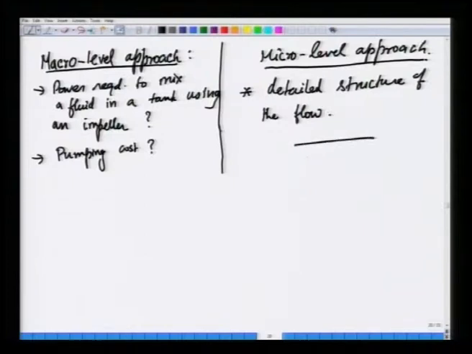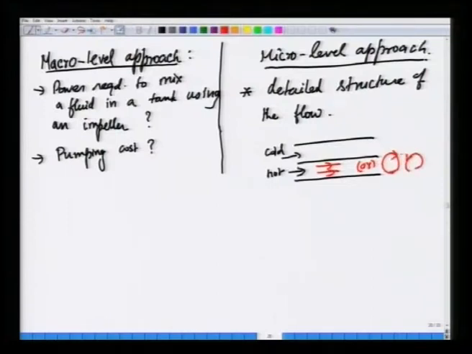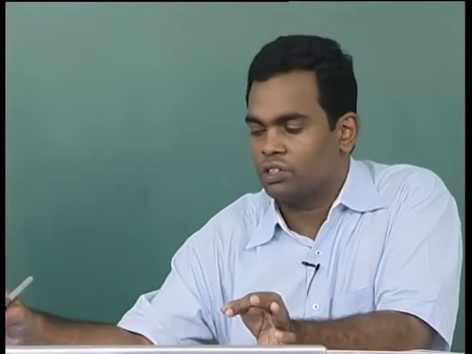For example, we saw the case of heat exchanging equipment where you have hot fluid and cold fluid flowing in two adjacent pipes, for example concentric pipes, and the nature of heat transfer will be crucially dependent on whether the hot fluid flows parallelly or it flows like so, whether there are secondary recirculating regions which will enhance the heat transfer across the streamlines. So, there are cases where the detailed structure of flow has an impact on many processes in chemical process industries.